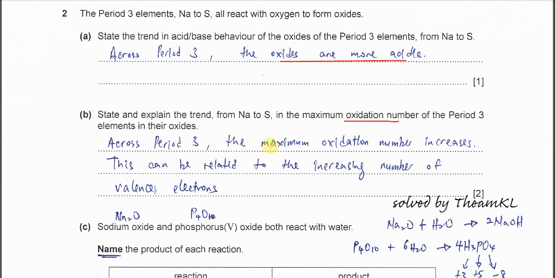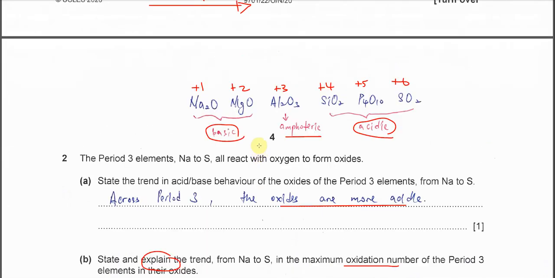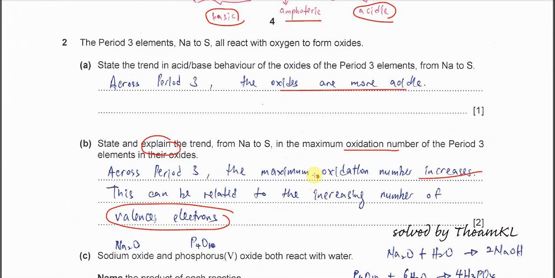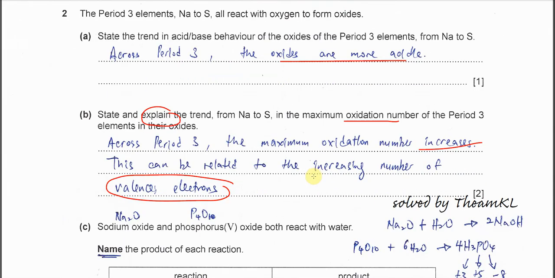Across a period, the maximum oxidation number increases. Because it asks you to explain the trend, this can be related to the increasing number of valence electrons, because sodium has 1 valence electron, magnesium has 2 valence electrons, this one has 3 valence electrons, and so on. The number of valence electrons will determine the maximum oxidation number of these elements in the oxide.